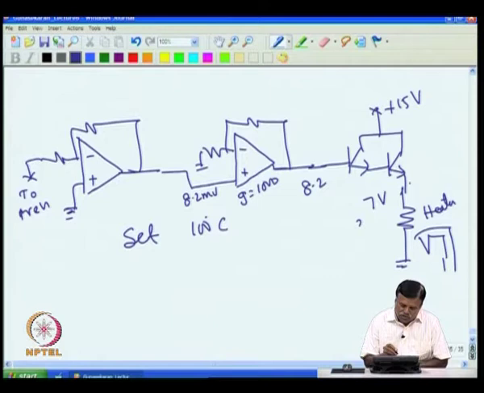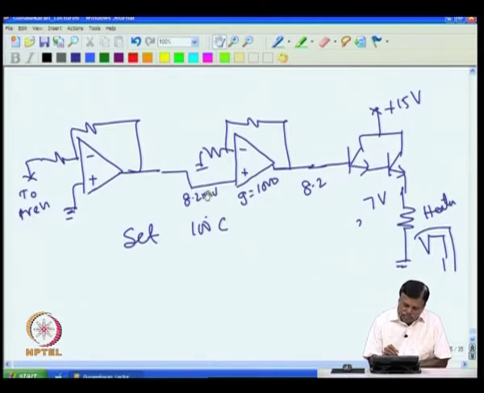Once it comes to 8.2 millivolt, this will become 7 volt, and if the temperature is not going to rise anymore, this will remain 8.2, and this is at 7 volt. But mind you, you have a difference of 8.2 millivolt here.